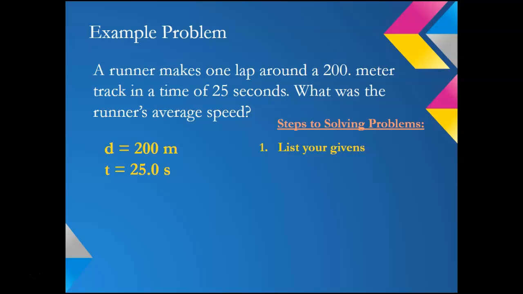The problem tells you the time it took a runner to make one lap around a track. That's 25 seconds. Also, the problem states that the runner ran a total distance of 200 meters.